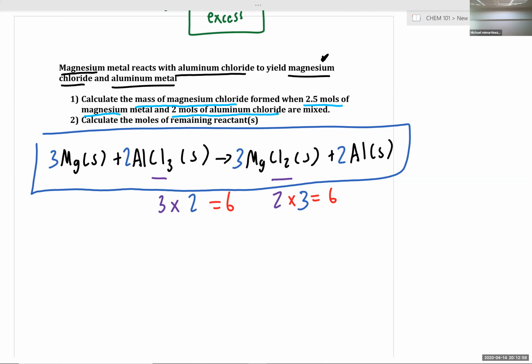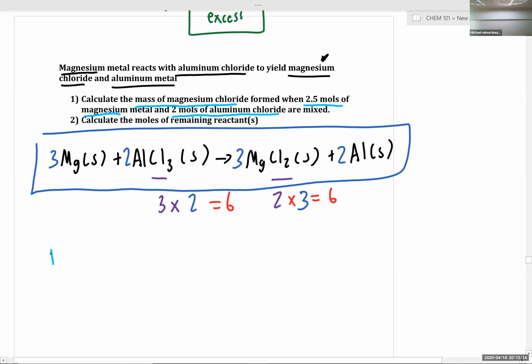We're going to start by always checking for a limiting reactant. The problem will not tell you this is a limiting reactant problem, but you should always be on the lookout for limiting reactants to pop up.